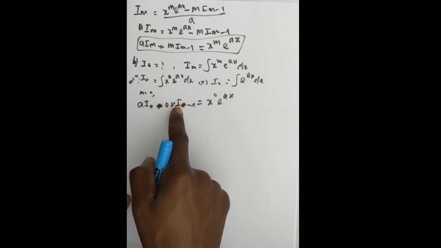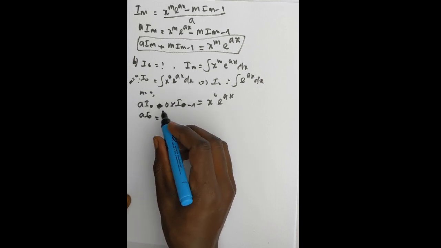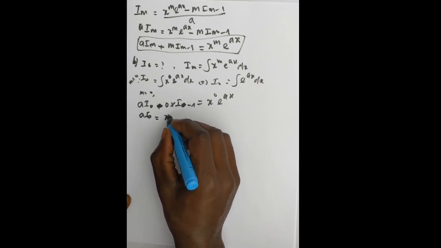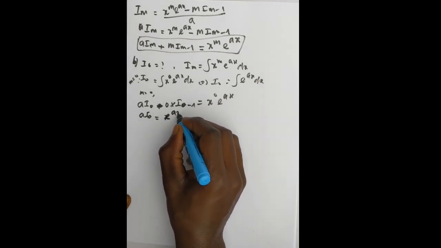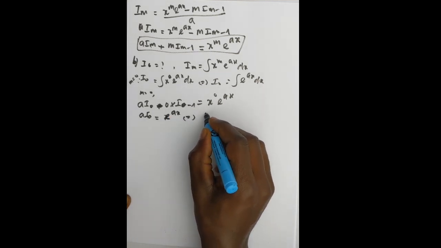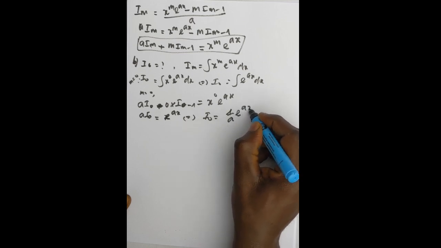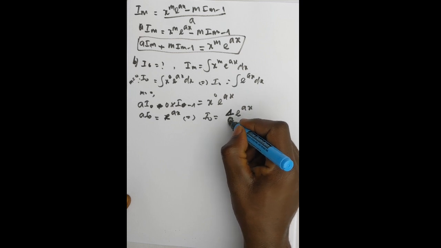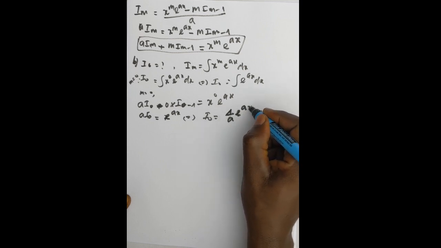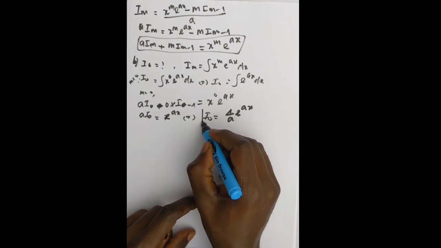That will be 0. I will get a I0 to be equal to x power 0, which is 1, times e power ax. And finally I0 is equal to 1 over a e power ax.